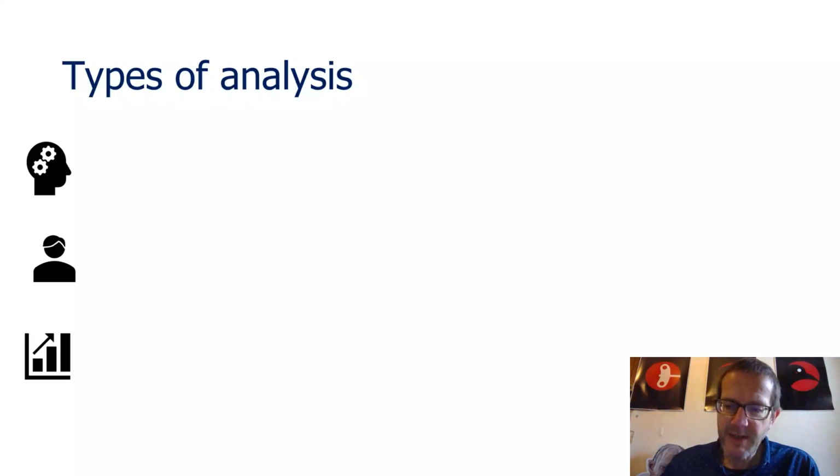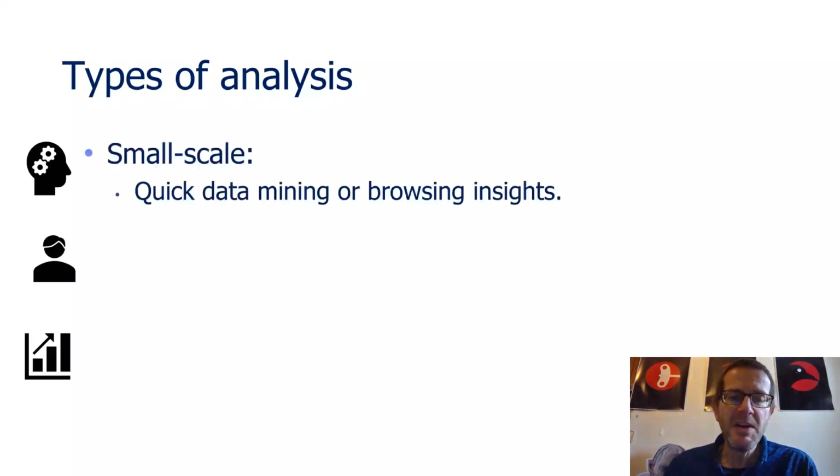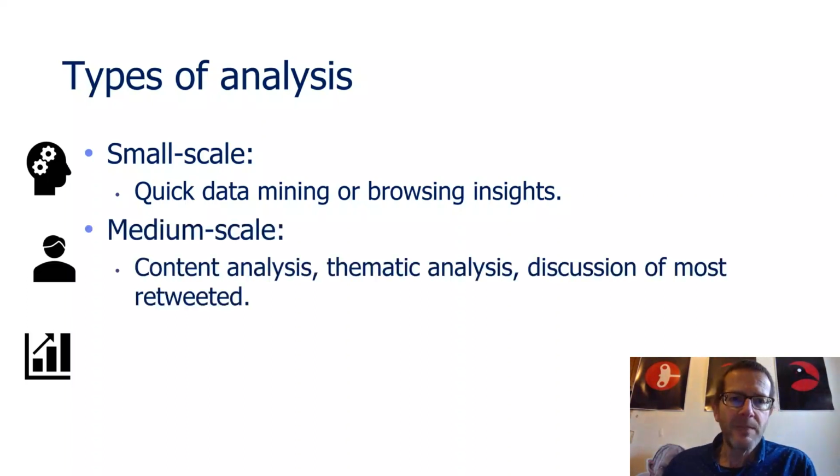And a reminder of the types of analysis that you can do. You might use social media for just quick insights into your topic that you then follow up with surveys, questionnaires, or interviews, or other methods. You might do medium scale content analysis or thematic analysis in order to analyze the main issues discussed in your data set, or perhaps the most retweeted topics.